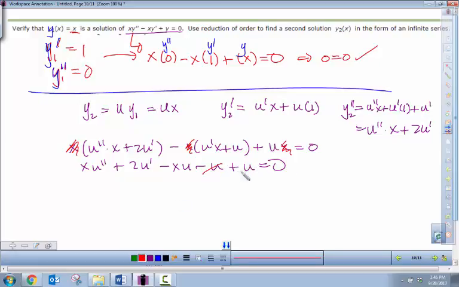So this is where the u's go away, and then now we have x u double prime plus, let's call it, 2 minus x times u prime. This is a prime, right? Yeah.